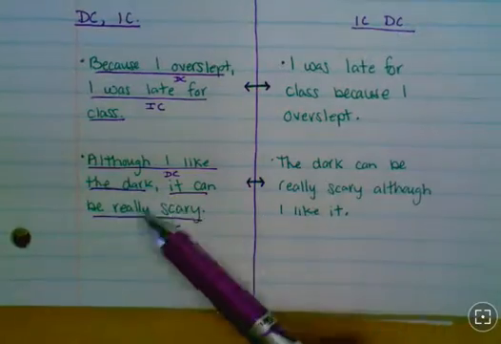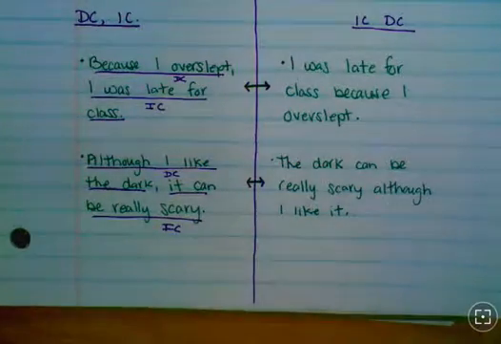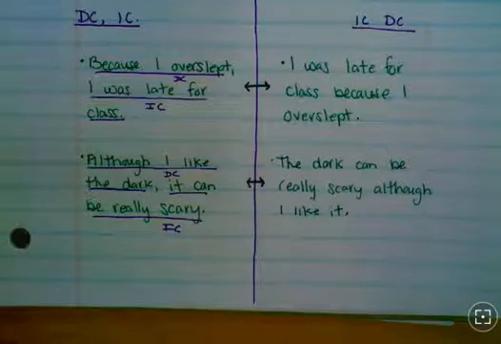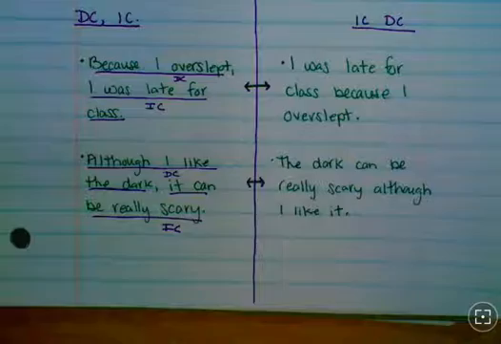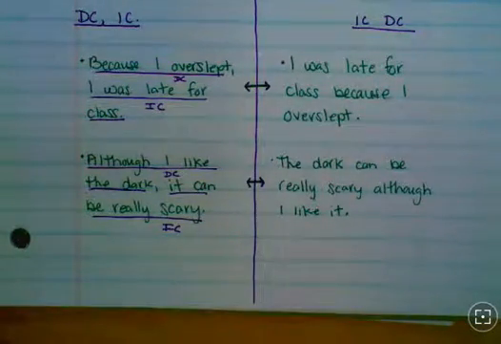Now the trick here is, where do you put the comma? The thing that I tell students is, until you get the hang of it, this is where you can actually use that breath pause to help you. If I were to say, when I went to the store, I ran into an old friend. That pause is where you'd place that comma. When I went to the store, I ran into an old friend.